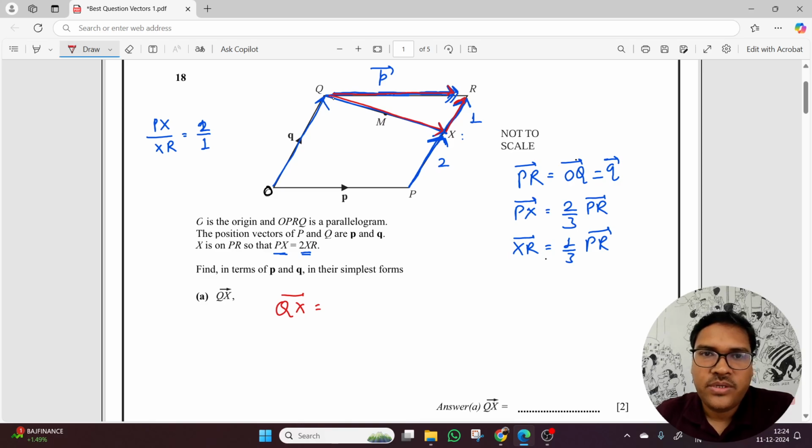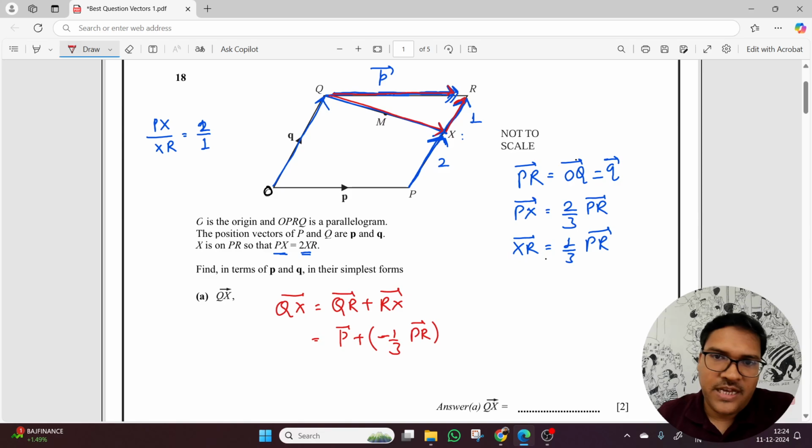This is equal to, if you go from Q to R, this is QR vector plus, going from R to X, that is RX vector. Now what is QR vector? QR is P vector, and what is RX vector? This is the opposite of XR vector, so this is negative of 1/3 PR vector.